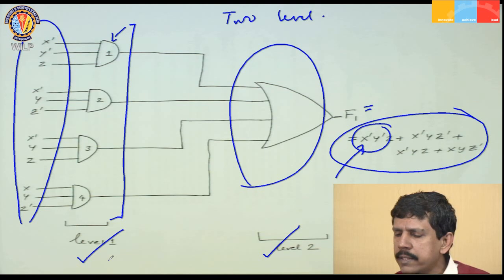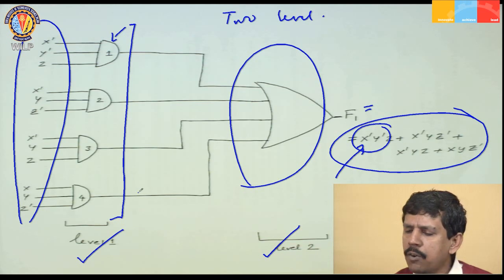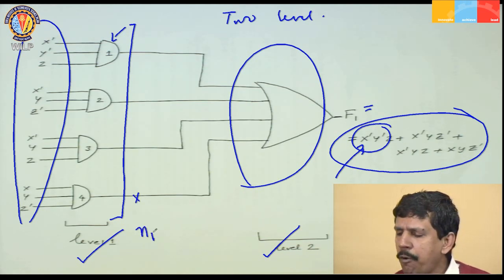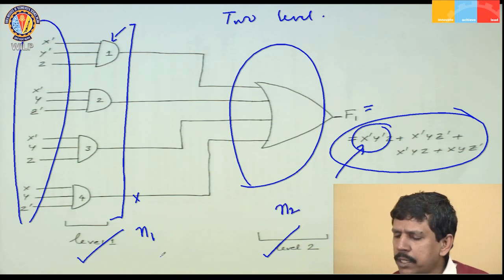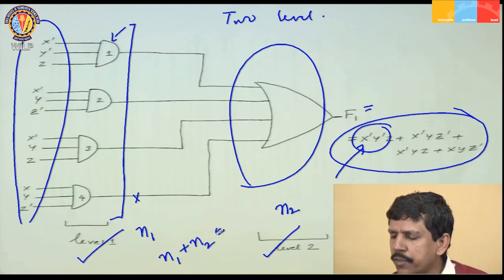If I assume all these gates have equal delay and call the delay n1, we get the intermediate outputs after time delay n1, which then pass through the second level, which is an OR gate, and if we assume the delay of the OR gate is n2, the total time it takes to get the final output having applied the inputs is n1 plus n2. So, we call this implementation a 2-level implementation.